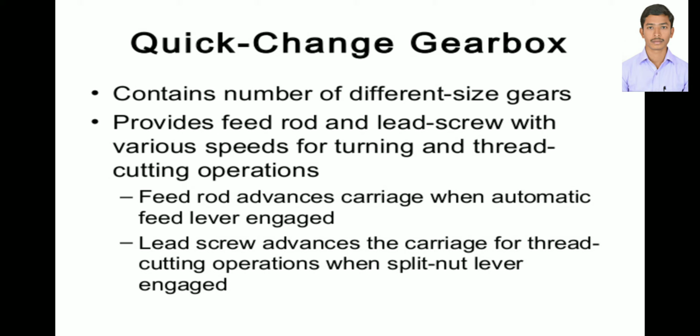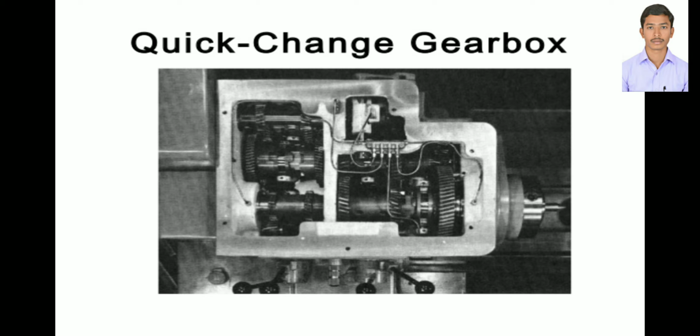So that is the use of the quick change gearbox in the lathe machine. You can see the diagram of the quick change gearbox, in which different types of gears are inserted.